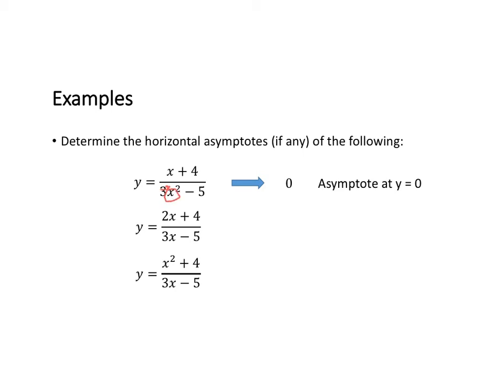That's going to get really, really big, so you're going to have 1 over a really, really big number, or in other words, you're approaching 0, or the asymptote is at y equals 0. All right, let's look at the second one.